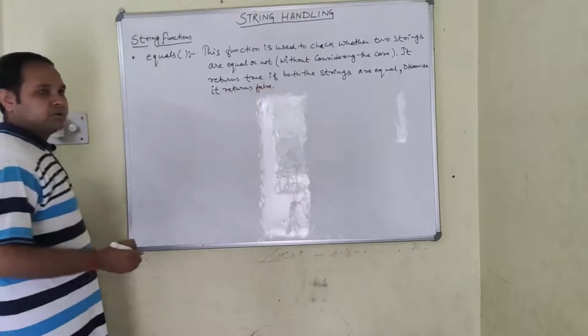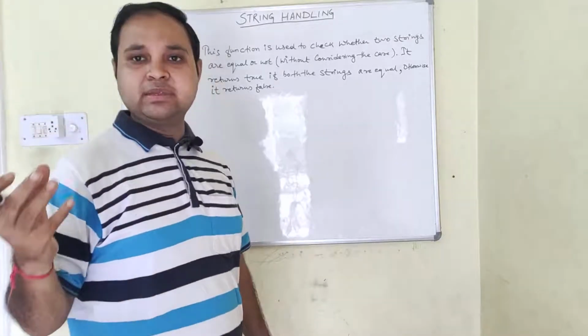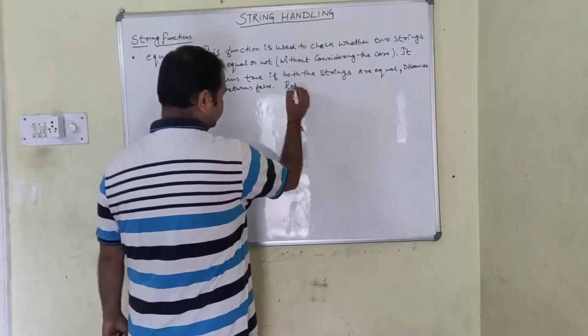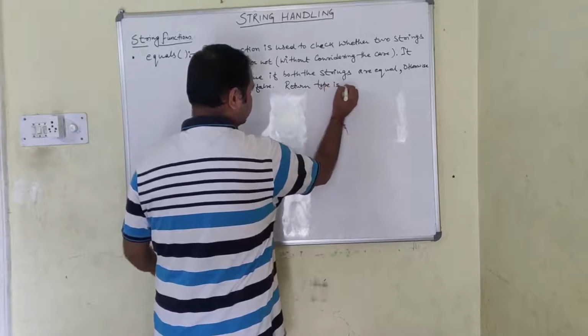Okay, so as it is reading the value in true and false, we know that true and false means the Boolean value. So we write here the return type is Boolean.